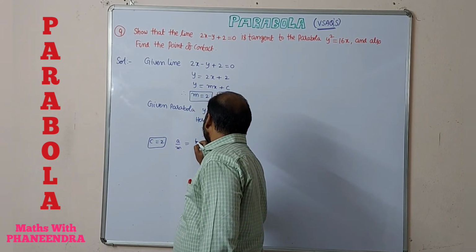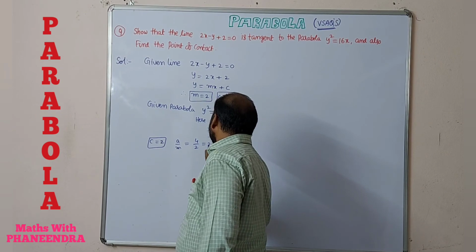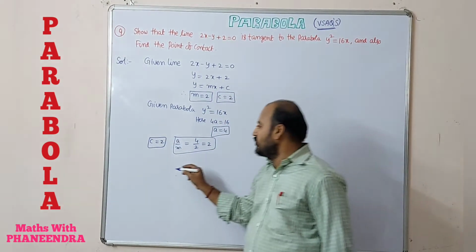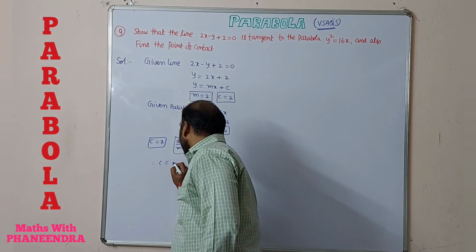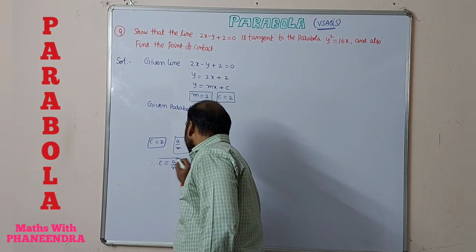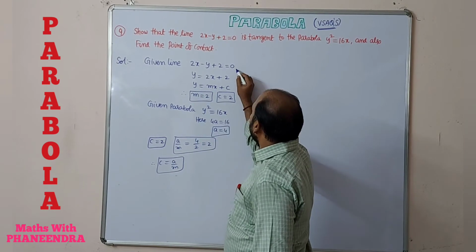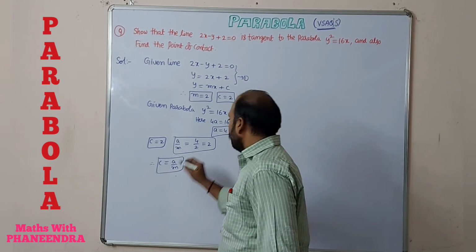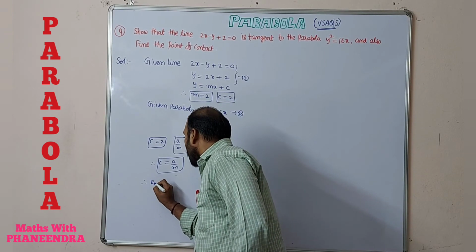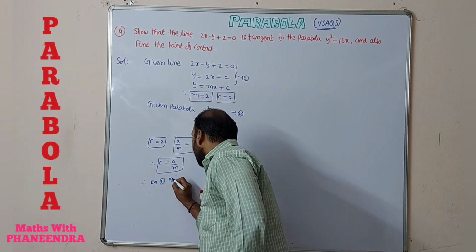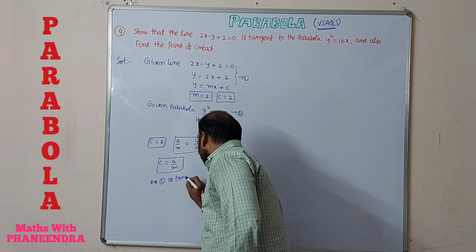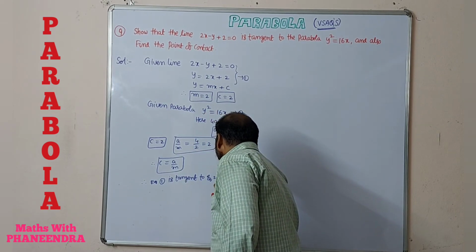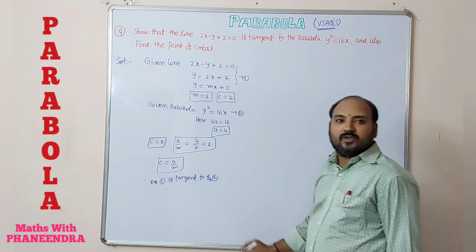A value is 4 by m value is 2, that is equal to 2. So c value 2, a by m value 2. Therefore c is equal to a by m. Equation 1 is tangent to equation 2. Therefore conclusion, equation 1 is tangent to equation 2. So first question is over.